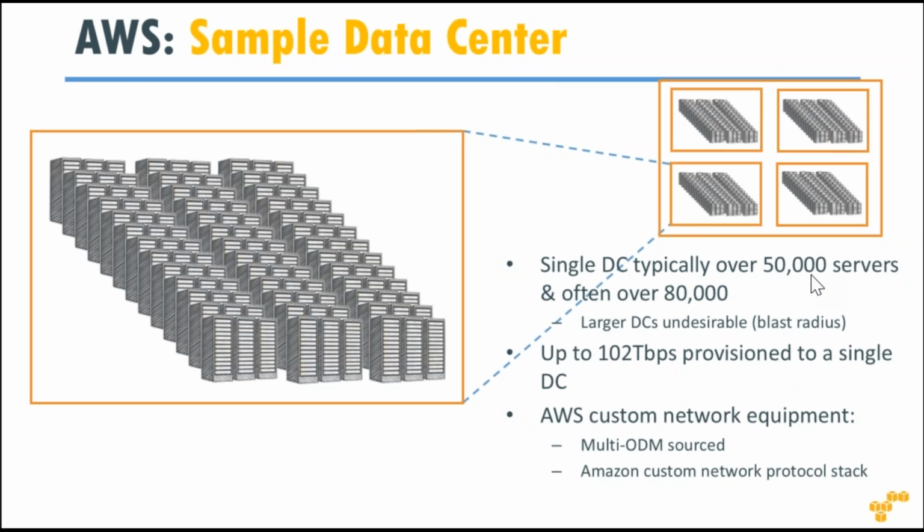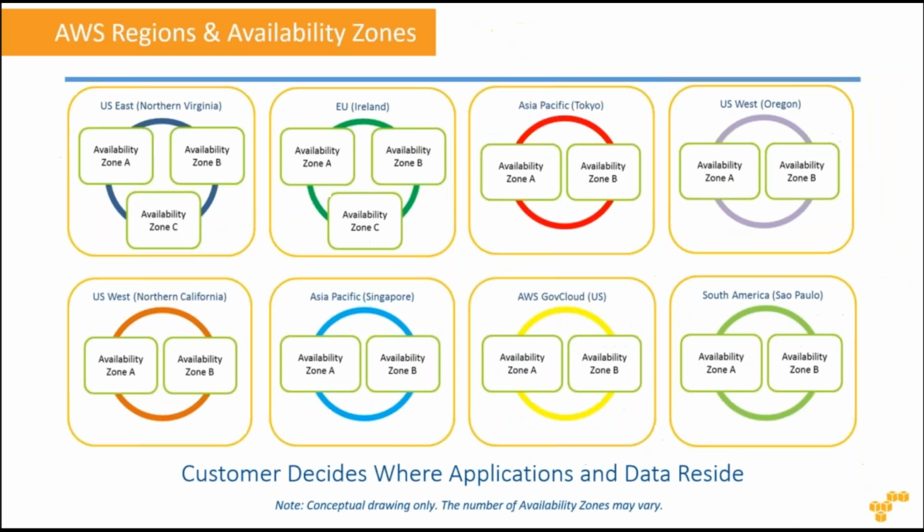If somebody asks you, this figure is pretty old, and Amazon stopped disclosing how many servers they have in the data center anymore. It might be more than this, or they might optimize it to have lesser numbers and do the provisioning. So that is about the sample data center, and logically this is how different regions and availability zones look like.